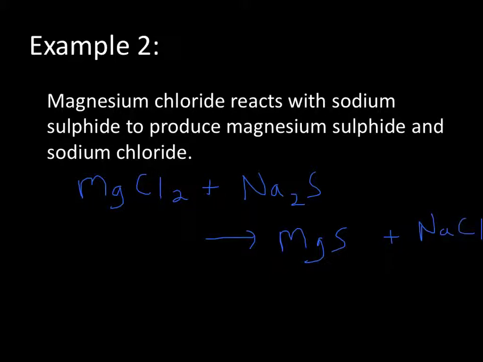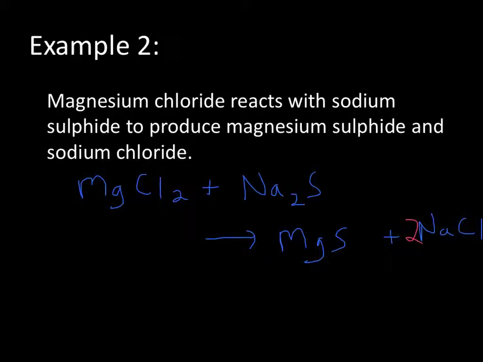So often this is a little bit of trial and error, but I can see from this chemical equation that my sodiums are out of balance. So if I place a 2 in front of the sodium chloride on the right hand side, I now have 2 sodiums and 2 chlorines. And if I look at the other atoms and just give it a count through, I can see that my sodiums are now balanced.